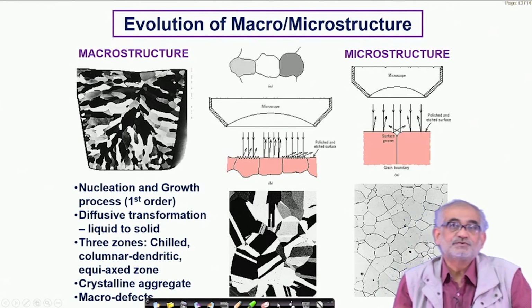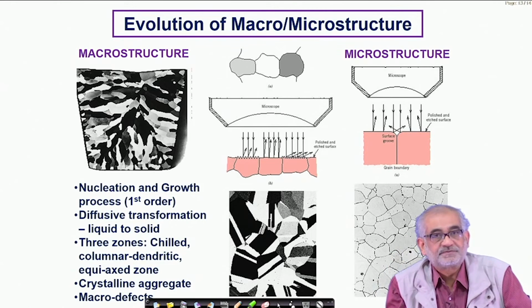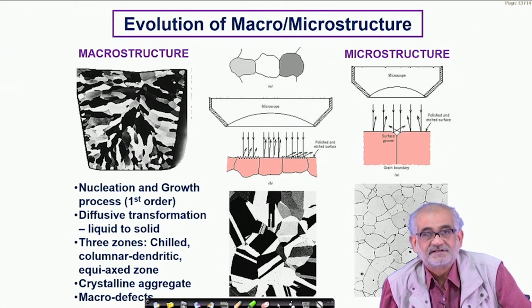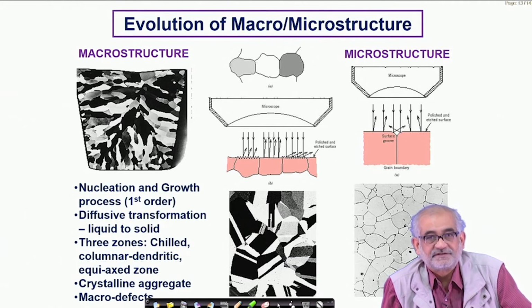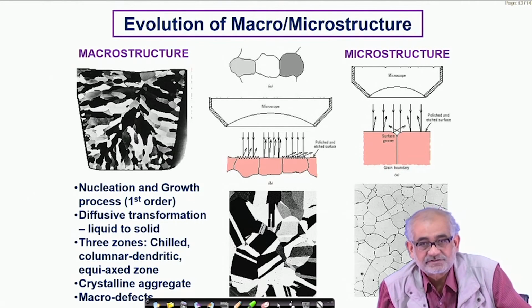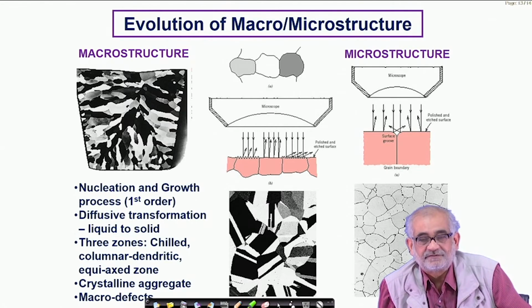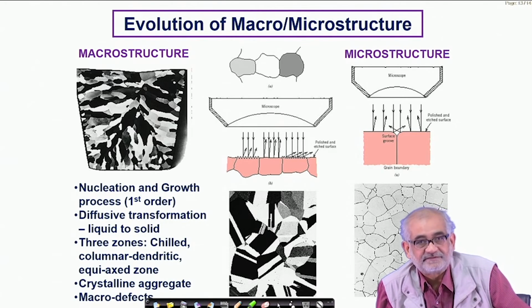So this leads to the concept called microstructure. As I said, to begin with, we must say that the first step to understand is a macrostructure, which by definition is the possibility of seeing the structures with the naked eye or at very low magnification.